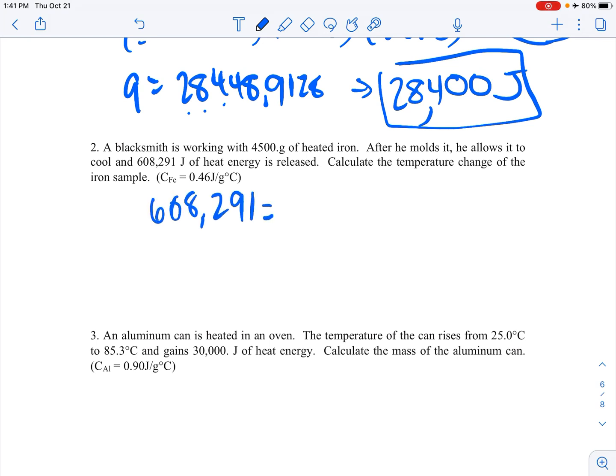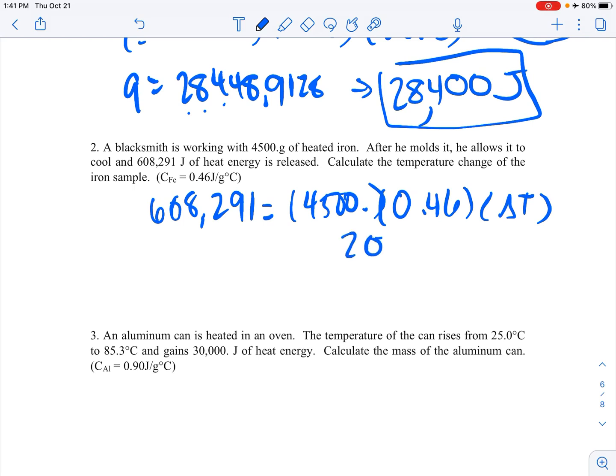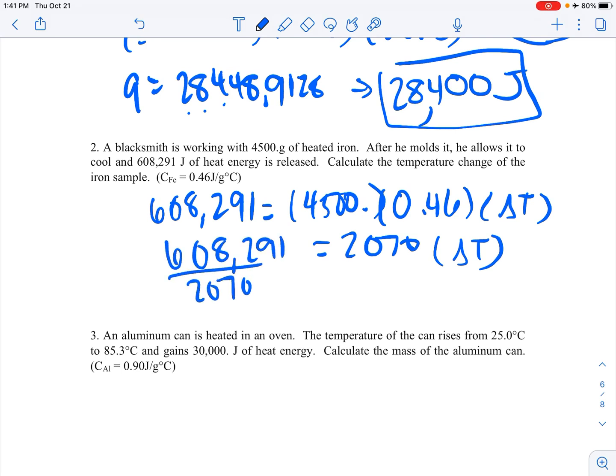Temperature change. So Q is 608,291. Mass is 4,500. Specific heat of iron is 0.46, and we're looking for delta T. So 4,500 times 0.46 gives me 2070 times delta T. 608,291 divided by 2070 gives me 293.860, whatever.